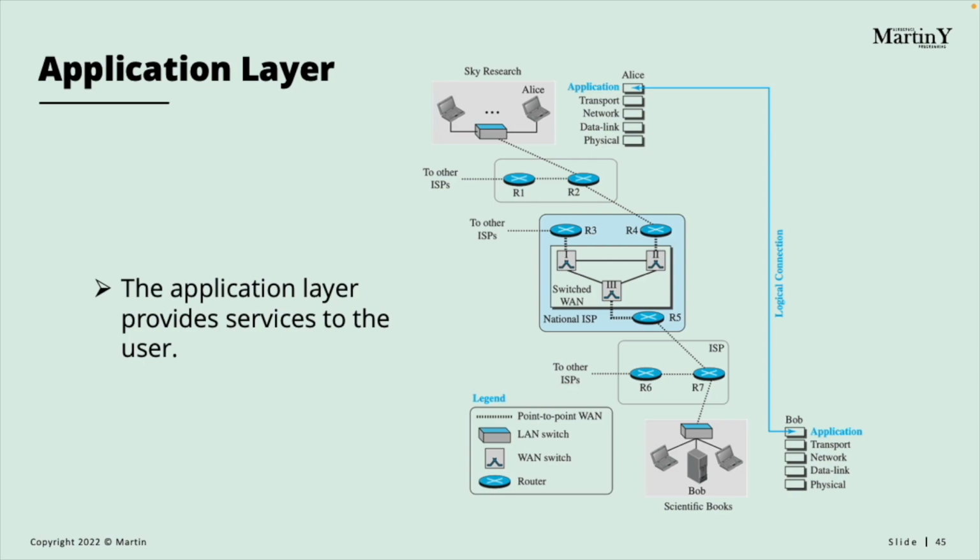What does she need to do? So normally, as a user, she is going to interact with the application layer, and she would expect that the rest of the layers do their work under the hood. Okay, she's not going to interact with them. So we can say that we have a logical connection between the application layer of Alice and the application layer of Bob.